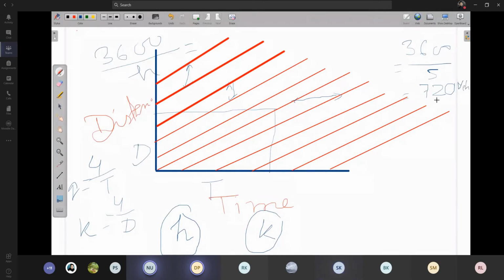So 720 vehicles cross this section over a time period of how much? What was the time period? 1 hour. What is this by definition? If we count the number of vehicles over a certain time period, what is this by definition?